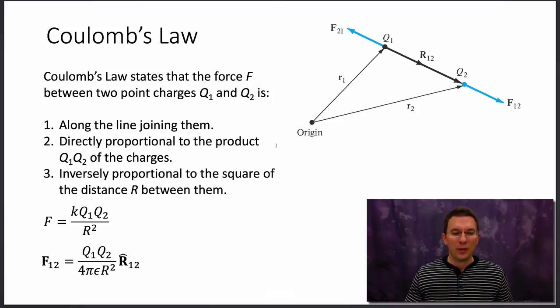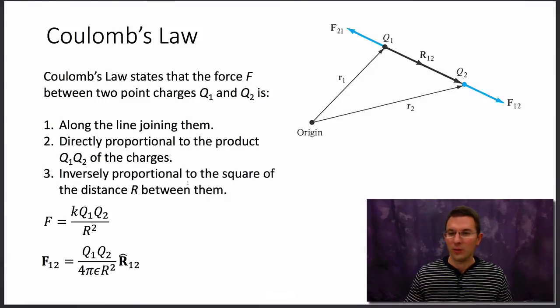Secondly, it's directly proportional to the product Q1, Q2 of the charges. Okay, so the magnitude is directly proportional simply to the product of the two charges. And thirdly, it is inversely proportional to the square of the distance r between them.